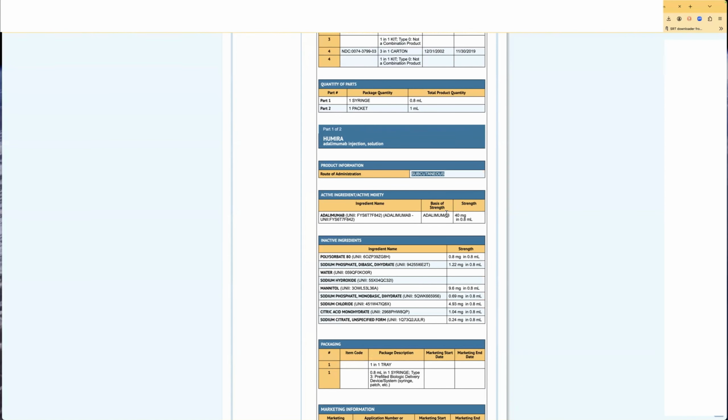And here we know that the strength of the ingredient in the subcutaneous injection or this solution is 40 milligram in 0.8 milliliter. So this information is related to the ingredients. You have inactive ingredients and you have active ingredients.